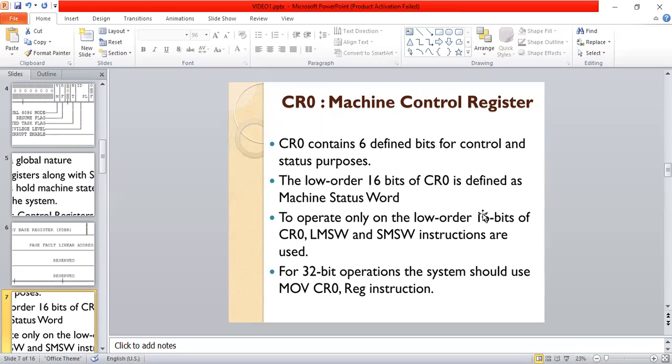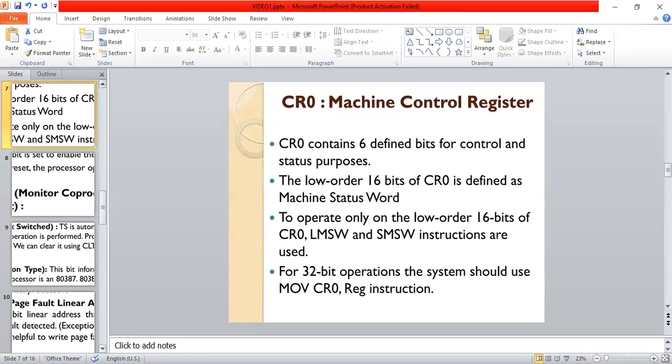For 32-bit operations, the system should use the MOV instructions with the CR0 register.